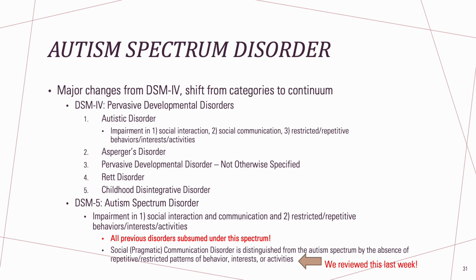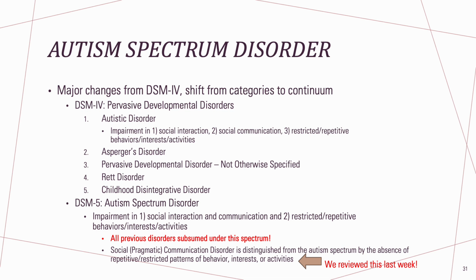The other thing I want to point out is that if you remember last week when we were covering communication disorders, I talked about how social pragmatic communication, which is in one of the communication disorders diagnoses, is different than autism, although there tends to be a lot of diagnostic overlap.